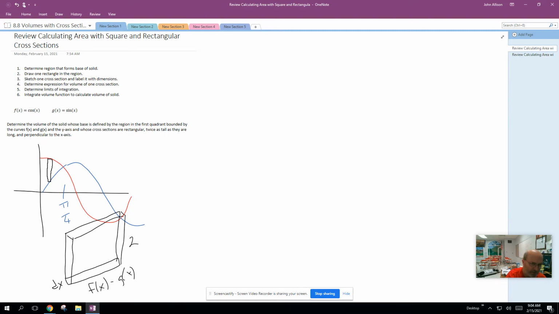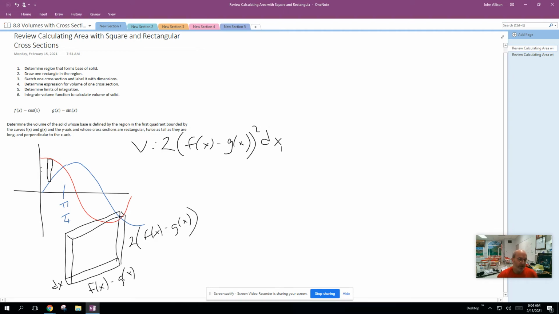So its height is 2 times f of x minus g of x. The volume of one of those cross sections is the length times width times height. So in this case, that's going to be 2 times f of x minus g of x times f of x minus g of x. So I can write that as 2 times f of x minus g of x squared times dx.